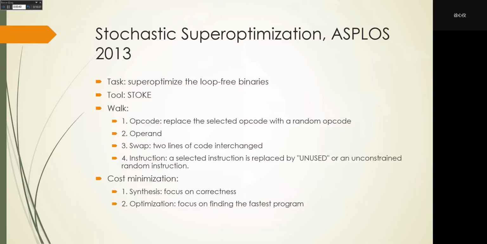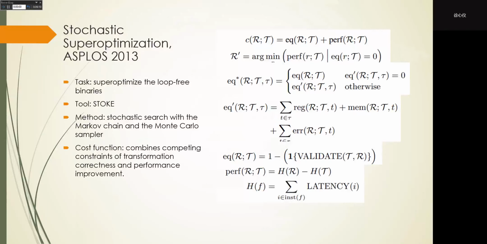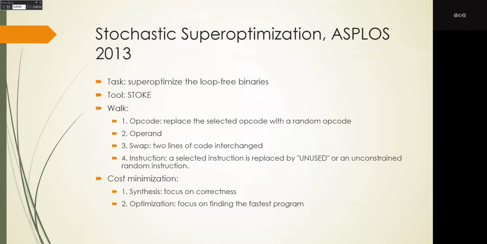So in order to provide enough transformation correctness, they actually divide the learning into two phases. The first phase is called synthesis. It focuses on correctness. The second part is called optimization.